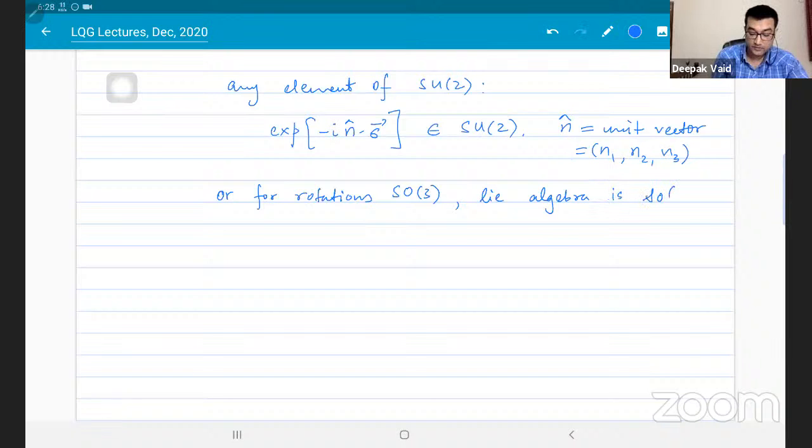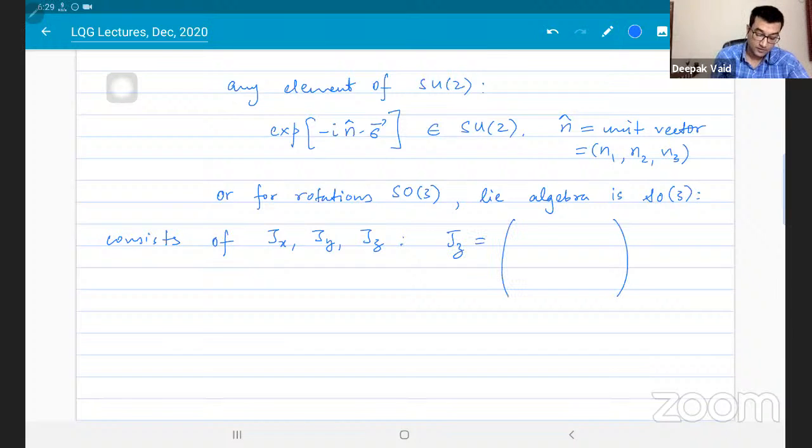We'll write it in small letters, and it has three generators, let's say JX, JY, and JZ. So, for instance, if you look at JZ, it looks something like this: 0, 0, then 0, 1, minus 1, 0, something like this, I believe.